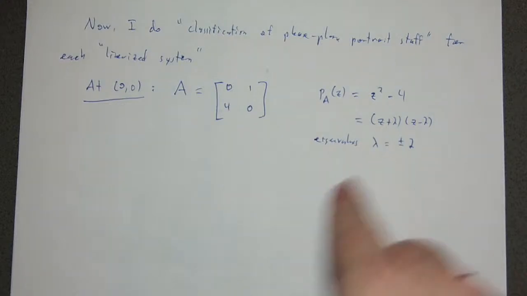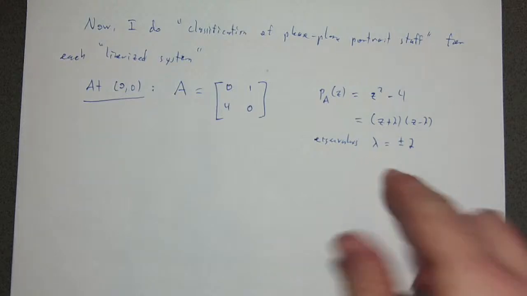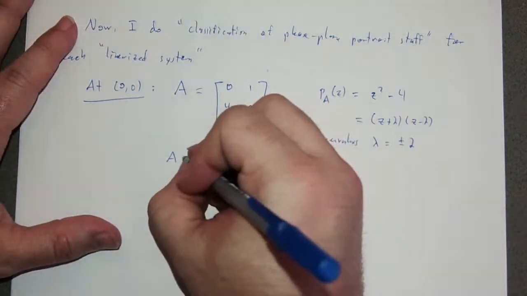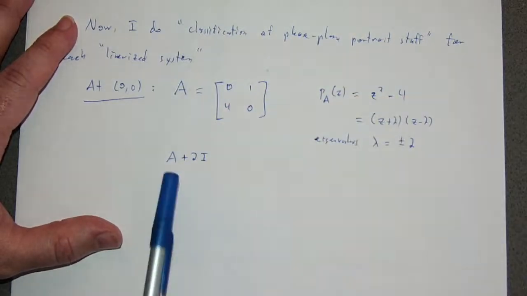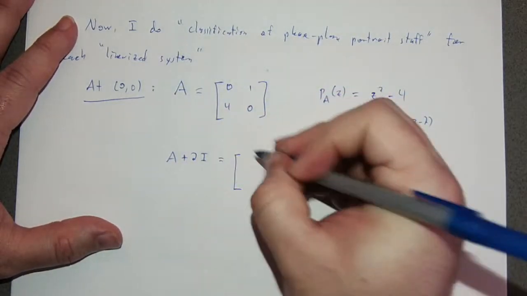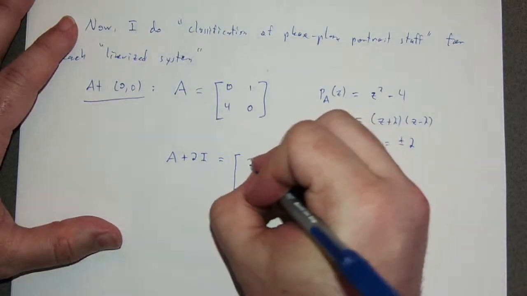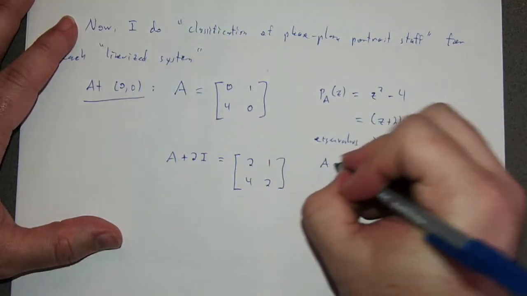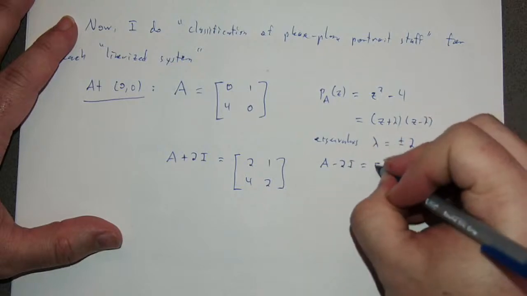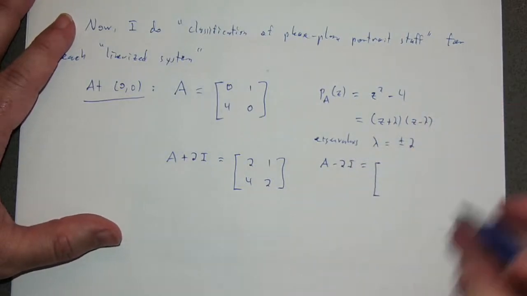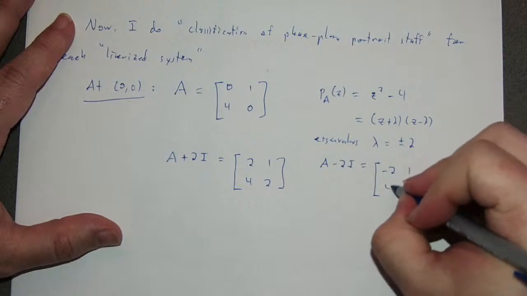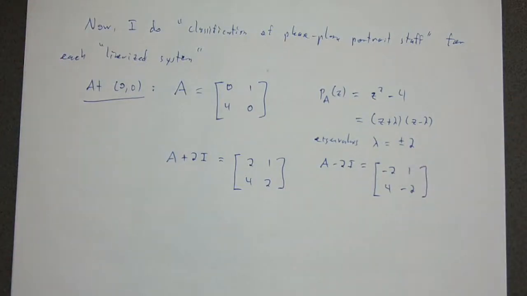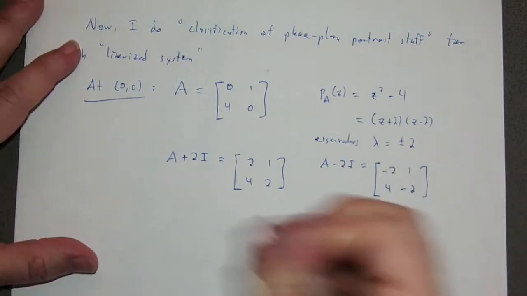If I were to find associated eigenpairs for this thing, how would I do that? If I look at A minus 2I, this is going to be minus 2, 1, 4, minus 2. If I look at A plus 2I, this is going to be 2, 1, 4, 2. So then this thing has eigenpairs.